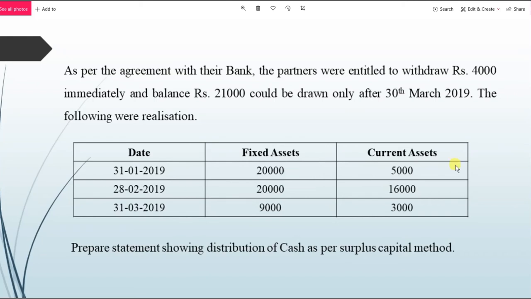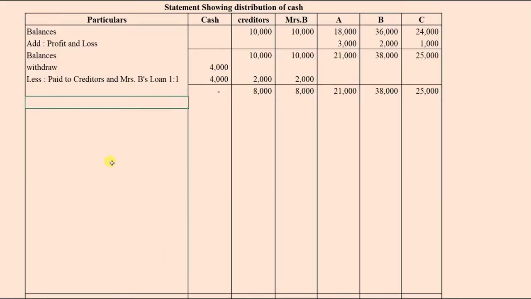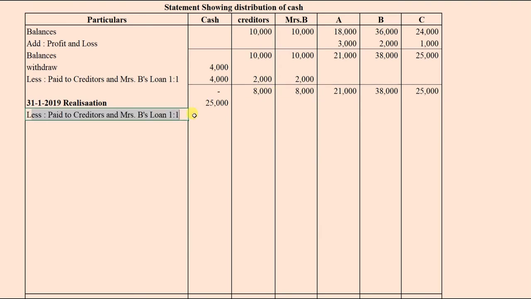It means total realization 25,000. So we will pay first these two liabilities. Less paid to creditors and Mrs. B's loan.